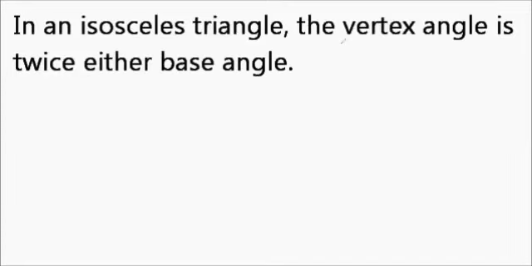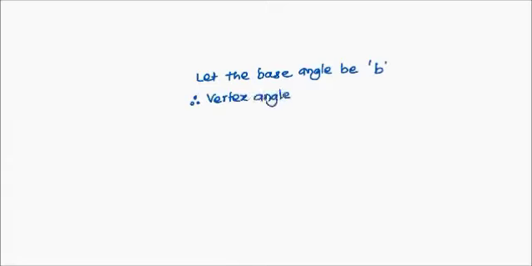Let's do the last one. In an isosceles triangle, the vertex angle is twice either base angle. Let the base angle be b degrees. Therefore, the vertex angle is equal to 2 times the base angle. 2 into b means 2b.